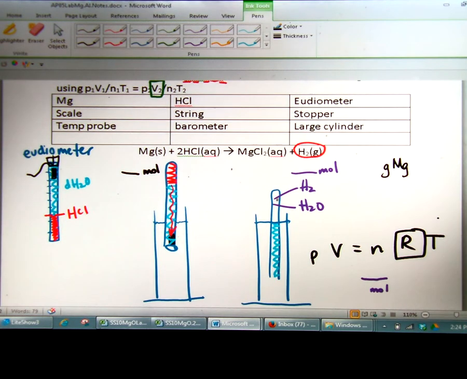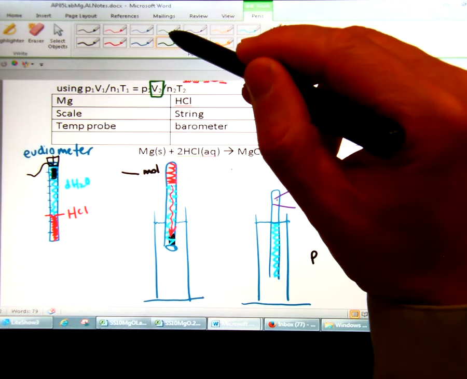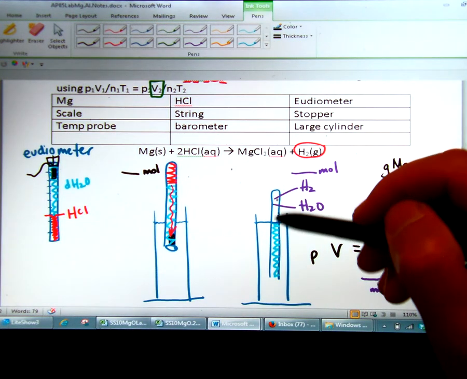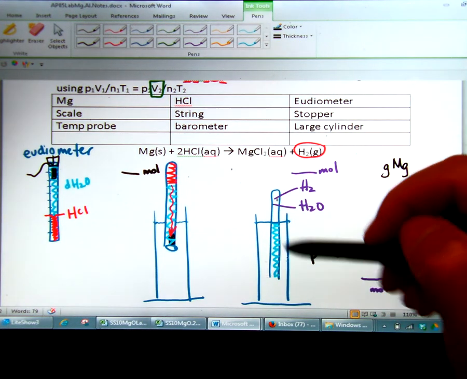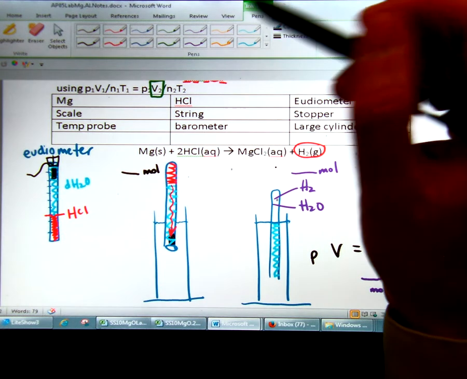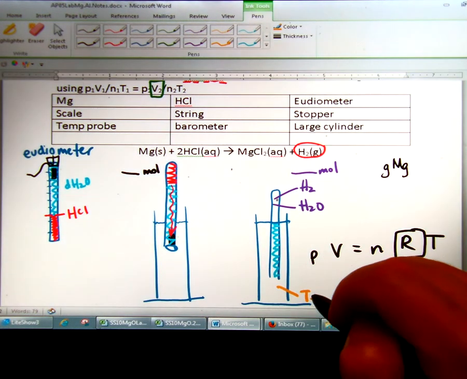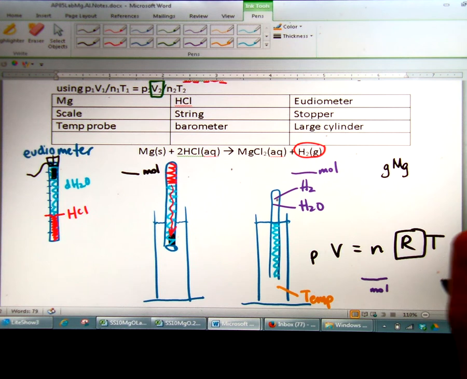Okay, temperature is going to be fairly simple because for temperature, all you have to do is measure the temperature of this gas. However, you can't get the temperature of this gas because you can't stick the probe right in here. So since this gas was bubbled through this room temperature water, you're going to get the temperature of the water. And that's going to be your Kelvin temperature. It changed to Kelvin, of course.